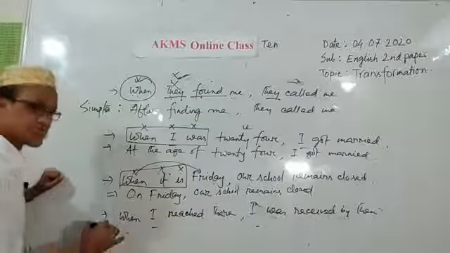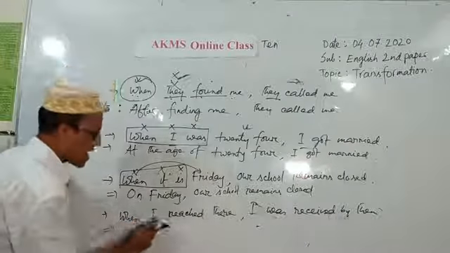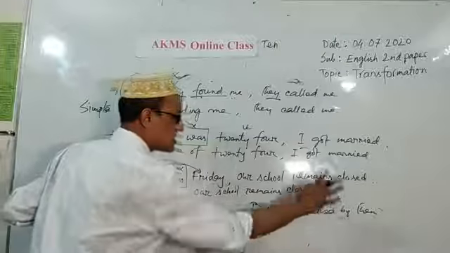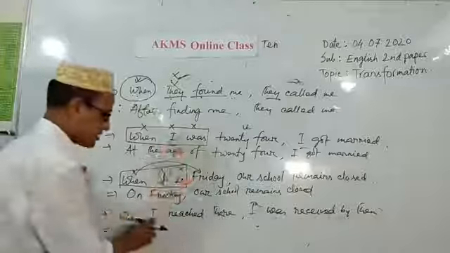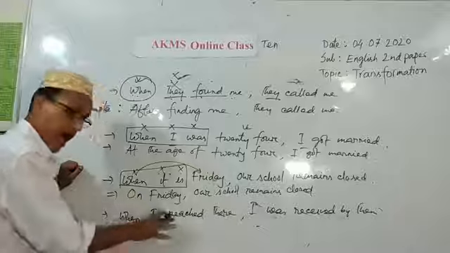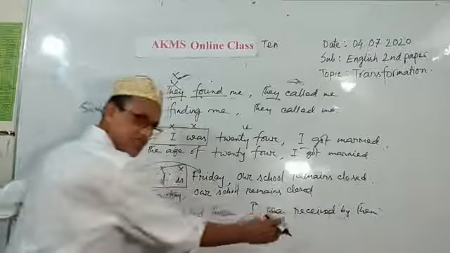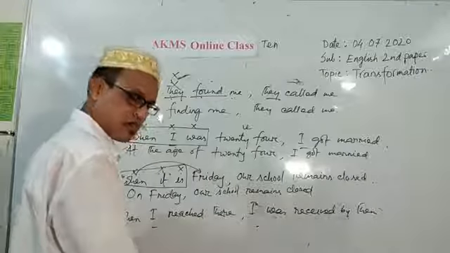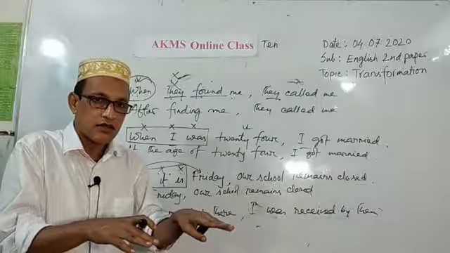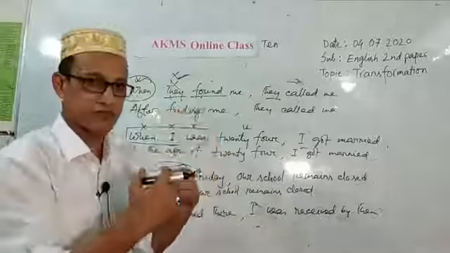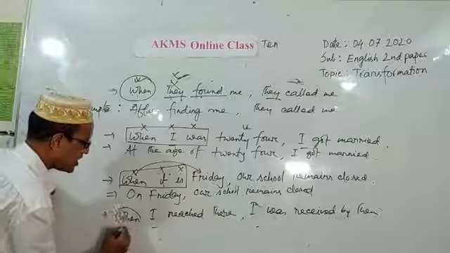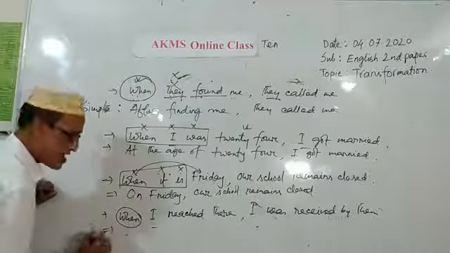Look at the fourth sentence, please. When I reached there, I was received by them. Subjects are the same. After my reaching there, they received me; they did not receive me at the time of my reaching there. I reached there and then they received me. So I will use "after" in place of "when."